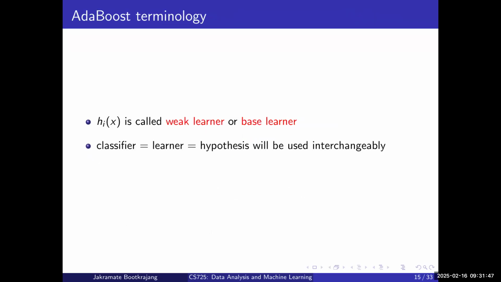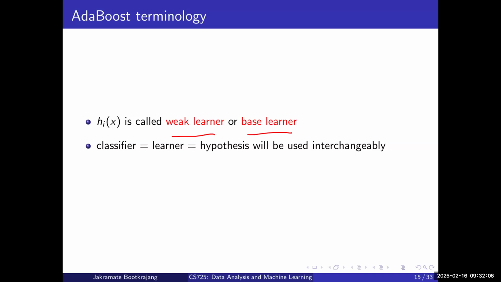So in AdaBoost terms, we have h_i. We will call it a weak learner or maybe a base learner. The words classifier, learner or hypothesis are the same in our context.